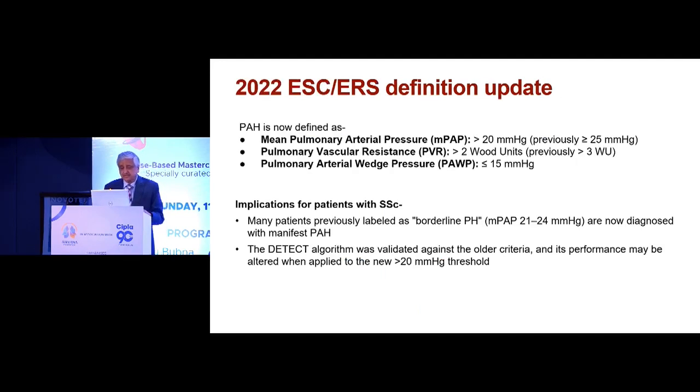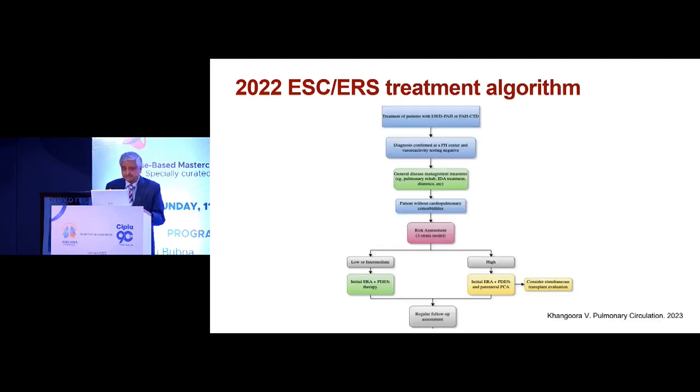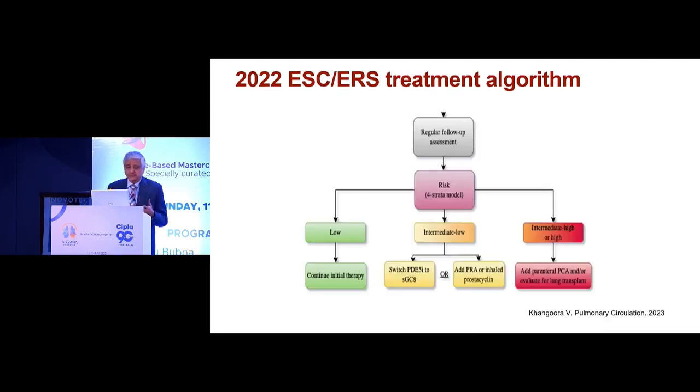The 2022 ESC/ERS guidelines also have that. You're aware that they've tweaked the guidelines a little bit, with the pulmonary vascular resistance being more than 2 Wood units as compared to the previous more than 3 Wood units. But here also, if you look at the guidelines, they look at low, intermediate and high risk based on what is known as a 3 strata model, and subsequently on follow-up they use the 4 strata model.